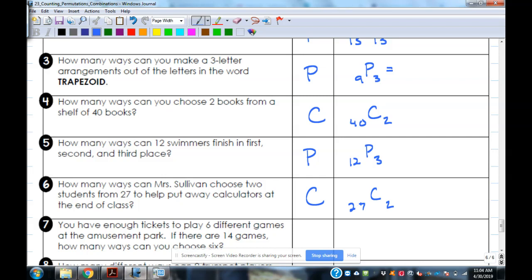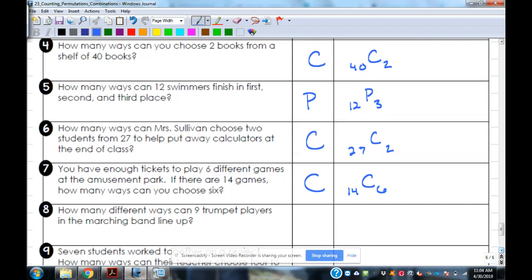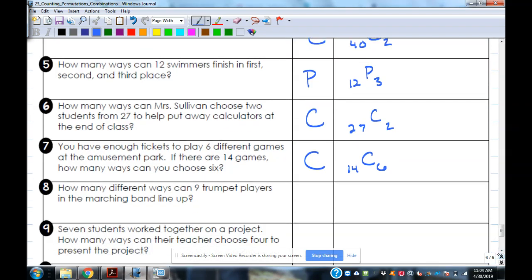You have enough tickets to play 6 different games at the amusement park. If there are 14 games, how many ways can you choose 6 of them? Combination, 14, choose 6. Great. How many different ways can 9 trumpet players in the marching band line up?